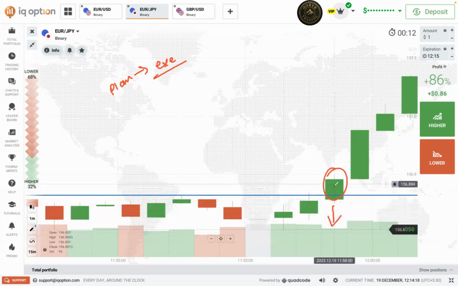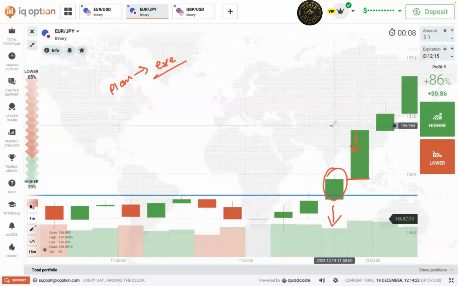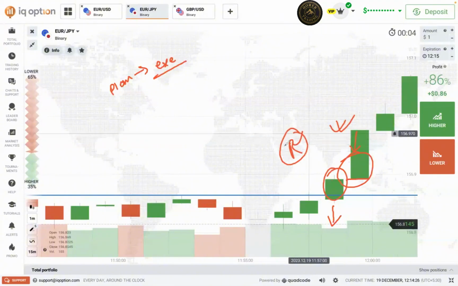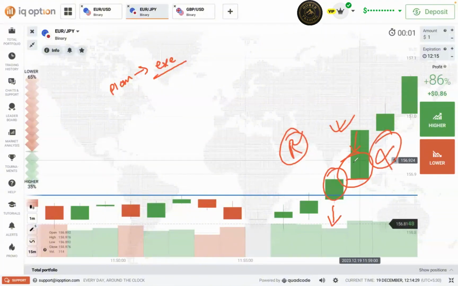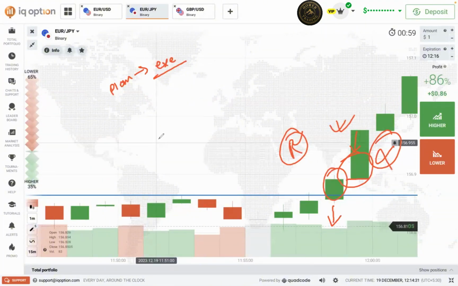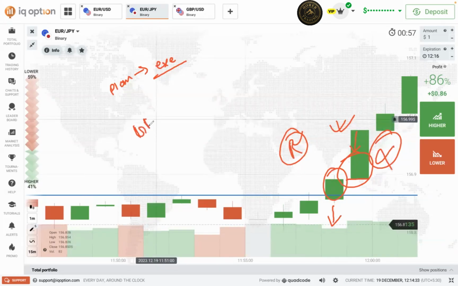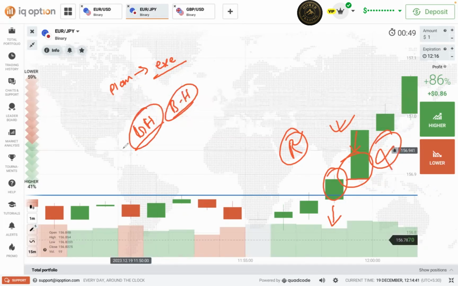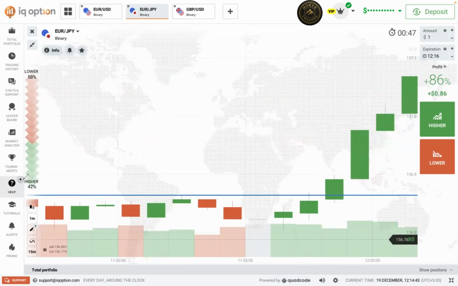Here, the volume is low. The condition is not good. Don't trade. If you trade, you can win, but you will lose in the long run. So we need a retracement here. Learn to have good habits. That's what I was saying. Learn to have good habits and avoid bad habits.